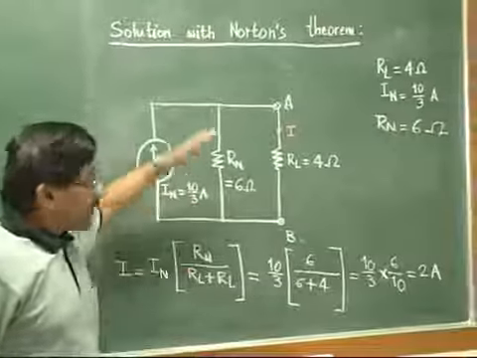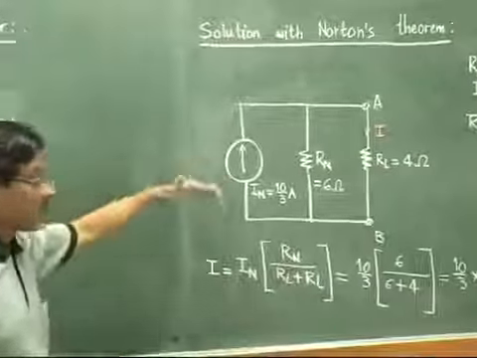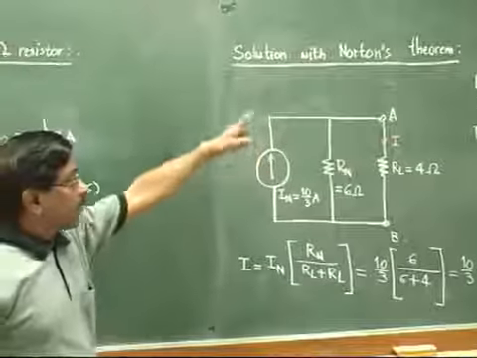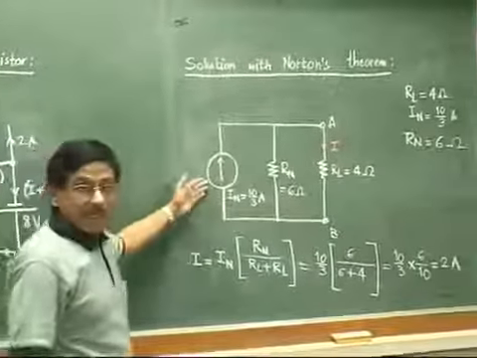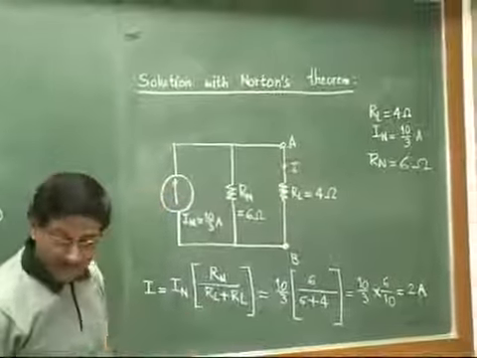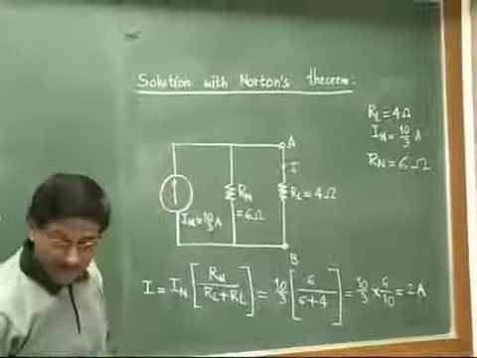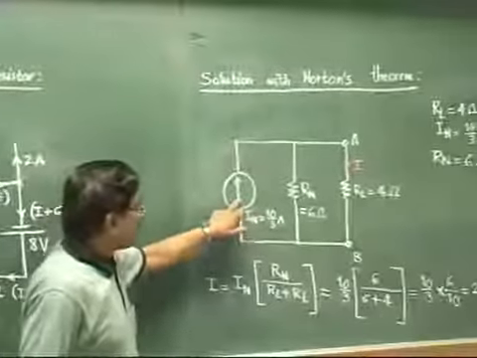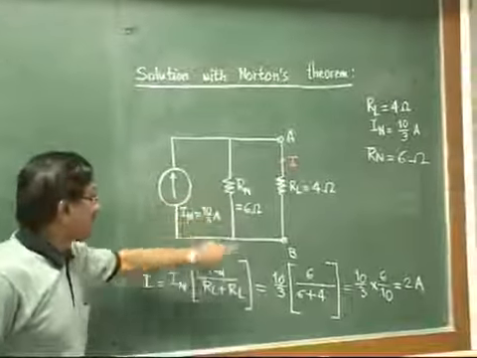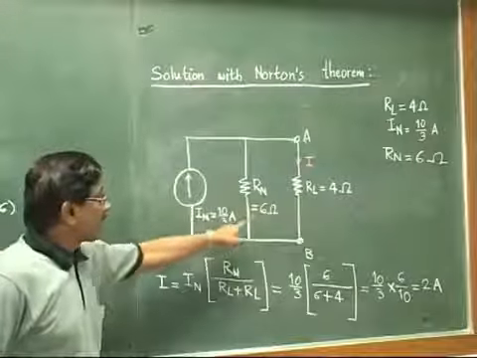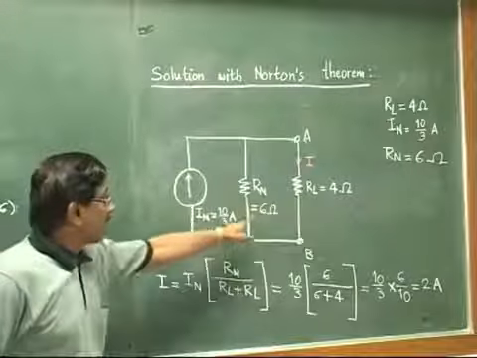Okay. Here we will make some remarks on Norton's and Thevenin's equivalent circuits. If we convert this particular current source into an equivalent voltage source, what will be the case? The equivalent voltage will be this current into this resistor, IN times Rn. So 10/3 into 6 will be 20.